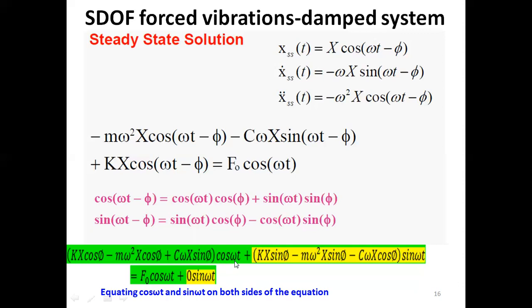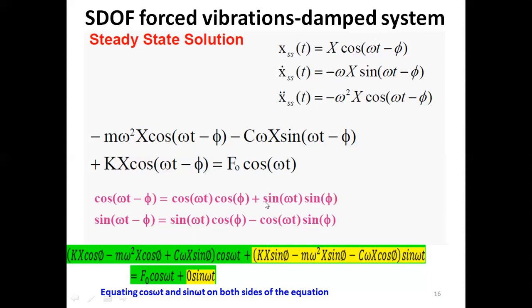Once we take cos ωt common, in the parentheses we would have k X cos φ minus m ω² X cos φ plus c ω X sin φ, multiplying cos ωt.